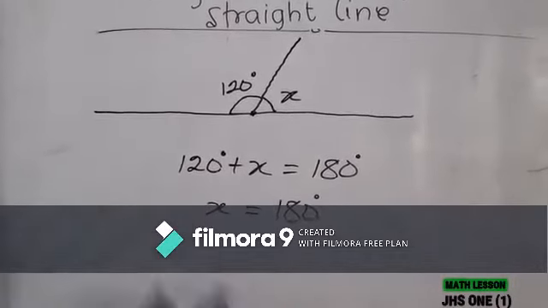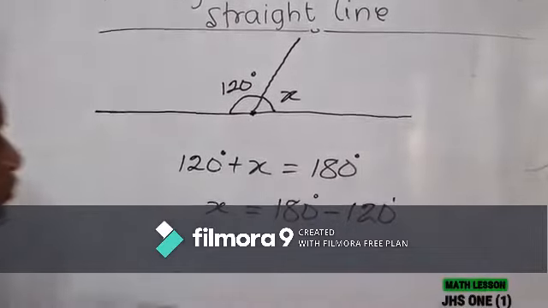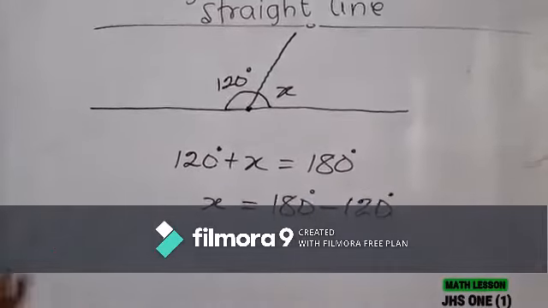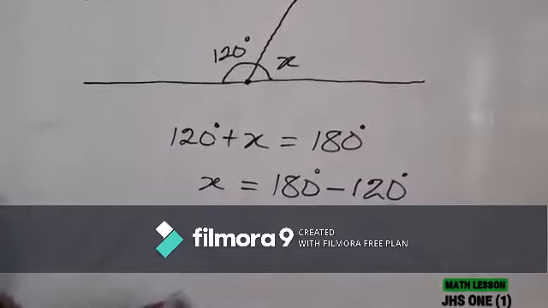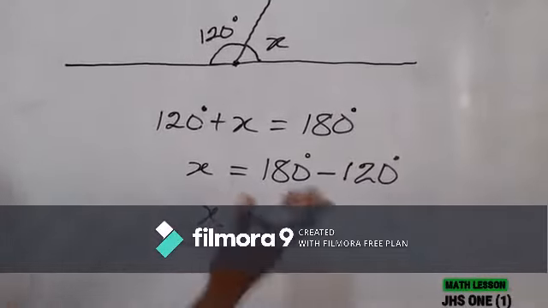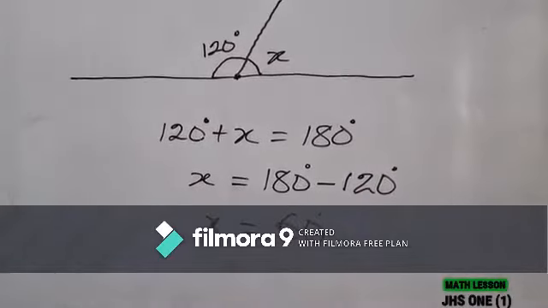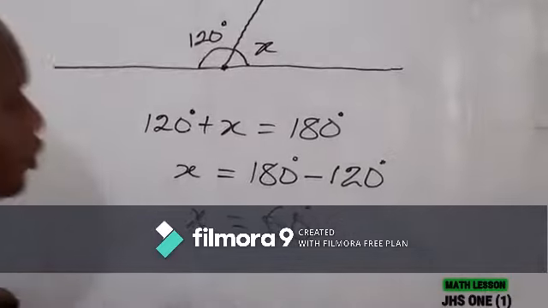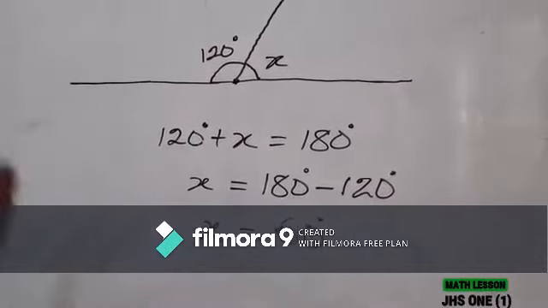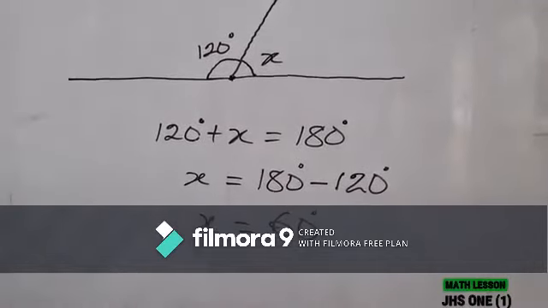Since it is positive, it becomes what? Negative, as you already know. Now, simplifying this further, you realize that our x, therefore, will be equal to what? 60 degrees. You've got it right. So, the value of this angle, as you said earlier, is 60 degrees, and this is the procedure to do that.